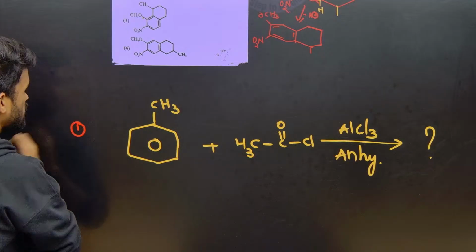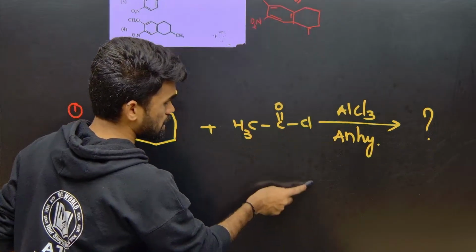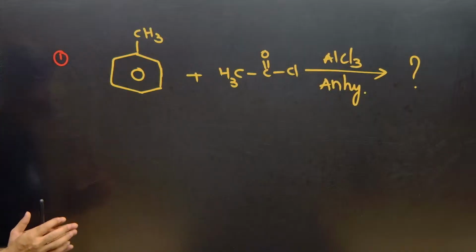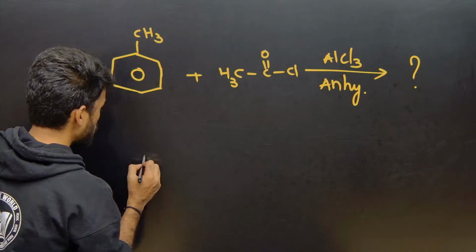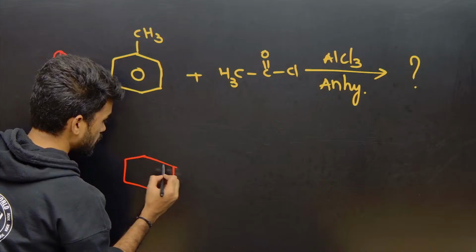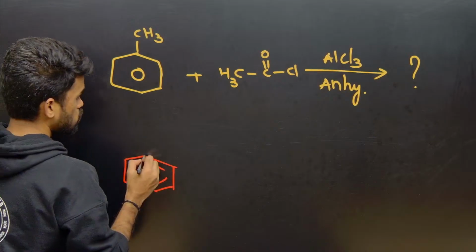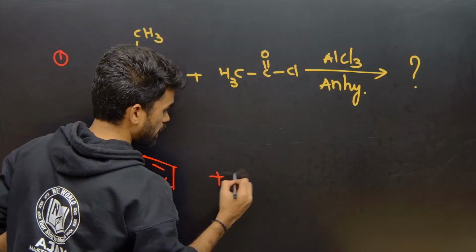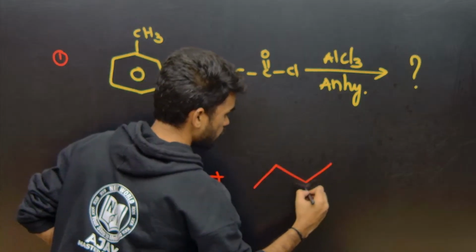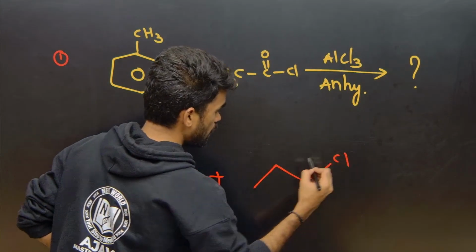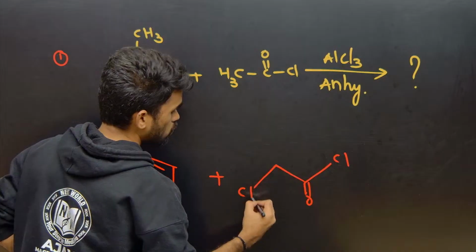And this is one reaction. So I just wanted to explain one more question based on Friedel-Crafts acylation and alkylation. Yeah. So take the benzene ring again. Okay. So here I just wanted to take a compound having an acyl group here, and this side it is having chlorine.